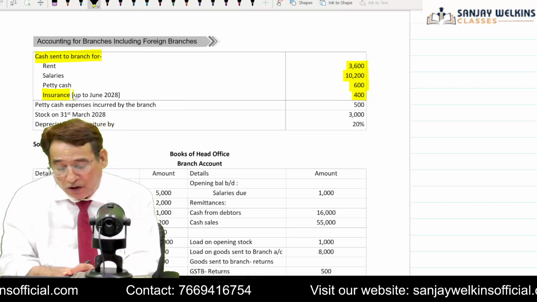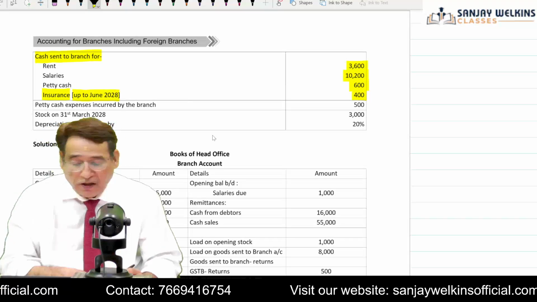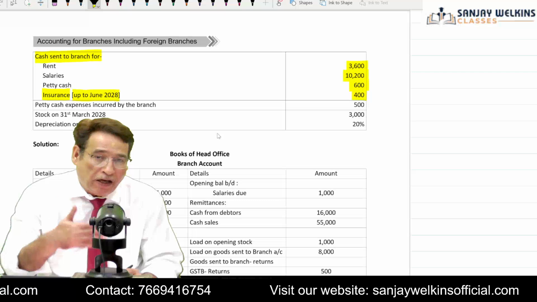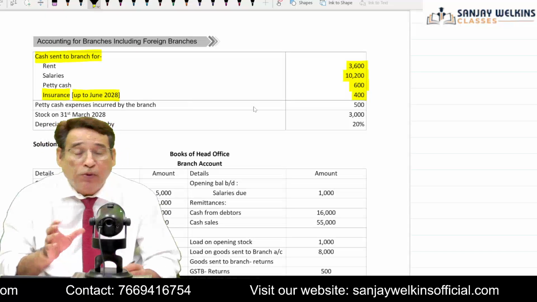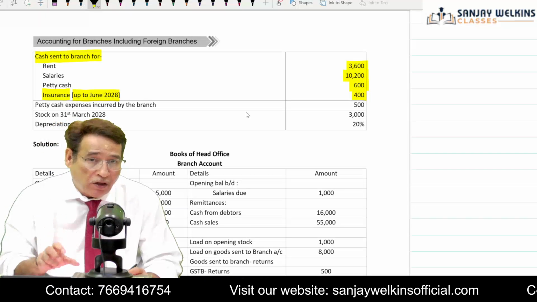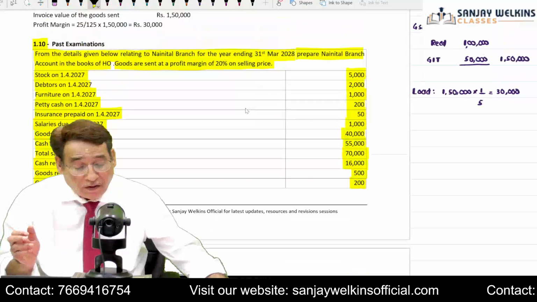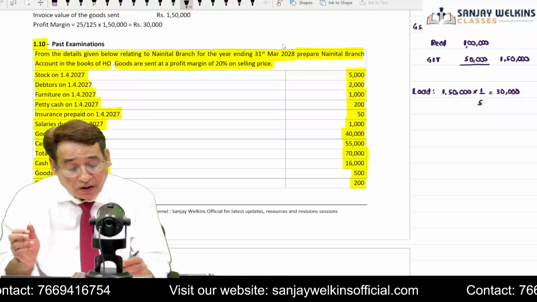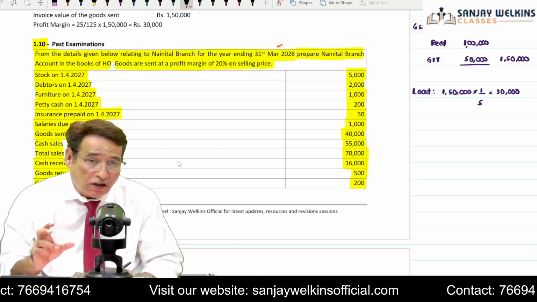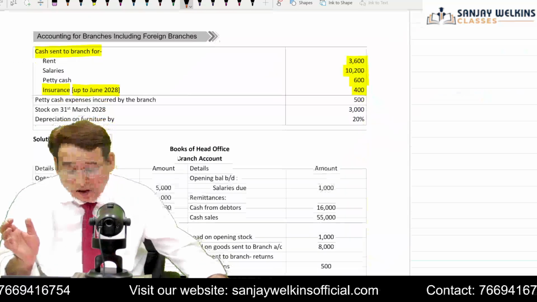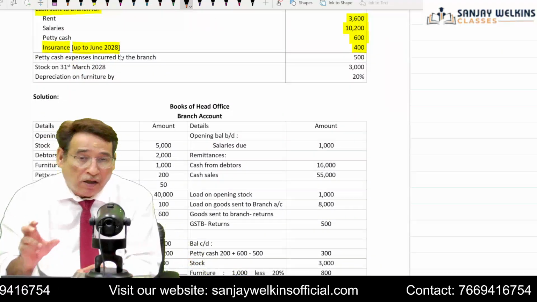However, in this particular case, it is written that insurance expense have been paid by the branch up to June 2028. Remember, your accounting year is ending on 31st of 3, 2028. And it is stated in the question that these expenses cover a period up to June 28.